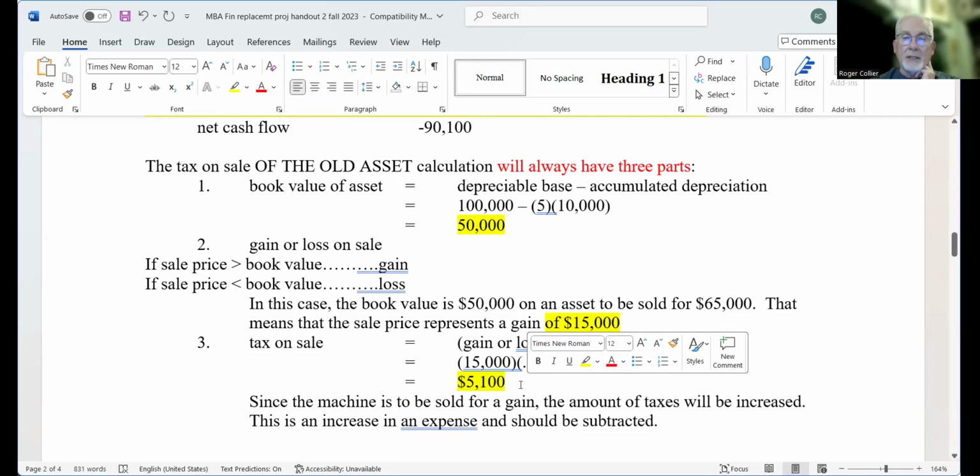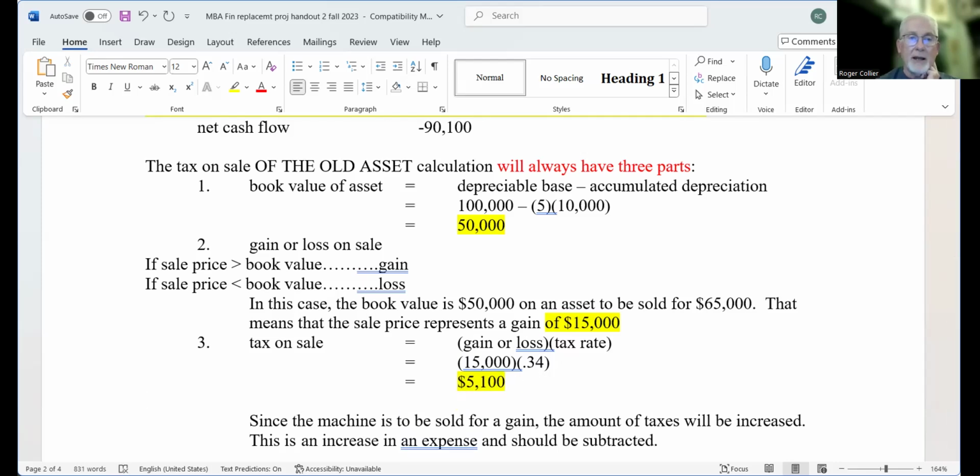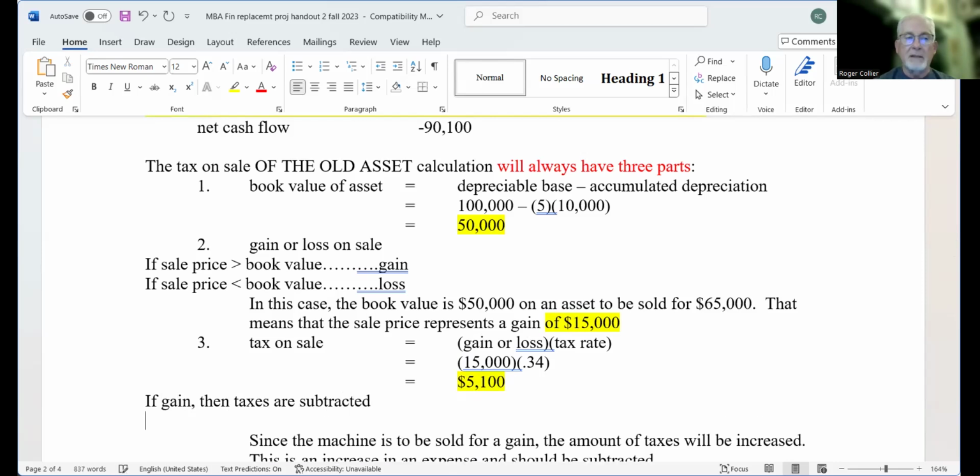But the big question is, should we add or subtract? Well, if we sell it for a gain, then taxes are subtracted. Right? If they sell it for a gain, they have to pay taxes on that gain. That's an increase in their taxes, so we subtract it.